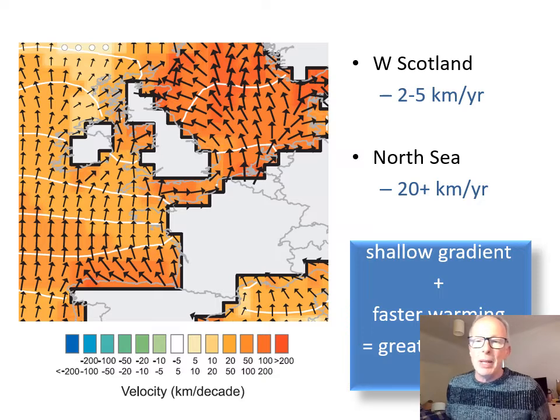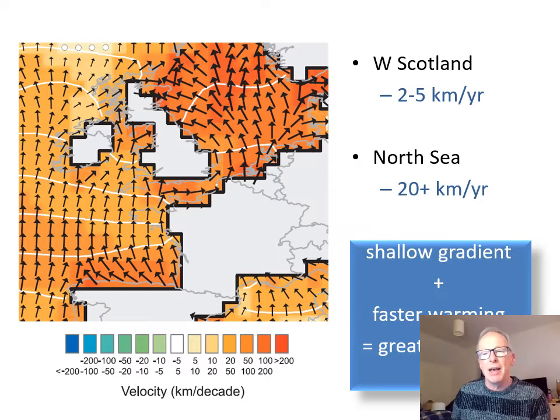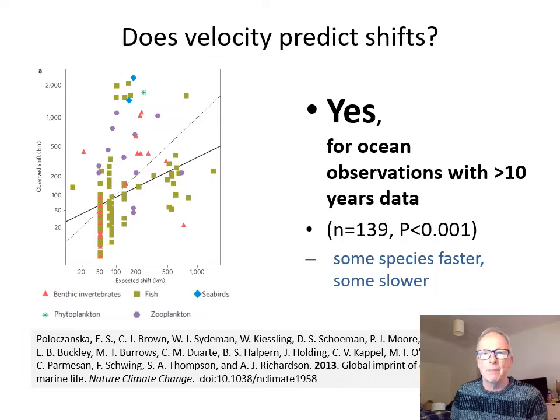And there's some evidence from fish species that this kind of distribution shift in, for example, cod has been happening. A test of this is just to compare the reported shifts in distribution with the shifts predicted from isotherms, and essentially the answer is yes.